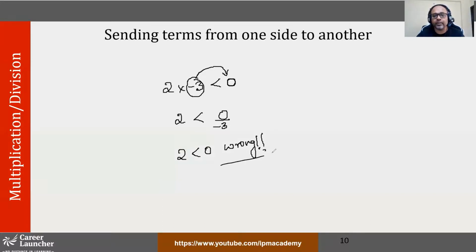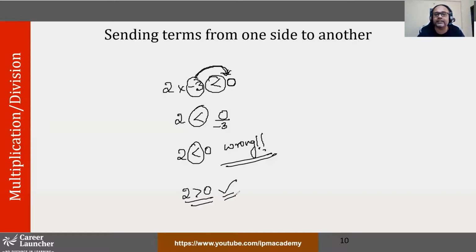Why is this wrong? Because the thing about inequality and sending a multiplication or division to the other side is, when a negative number is going, the sign should change. So if the sign changes, you will get 2 greater than 0, which is right. Similarly, if you have minus 2x is greater than y, then you will write x is less than minus y by 2.